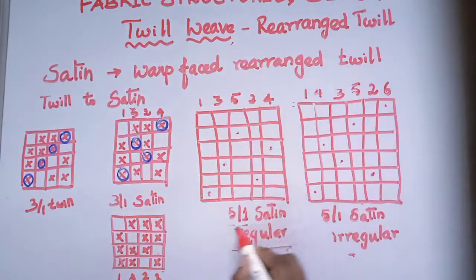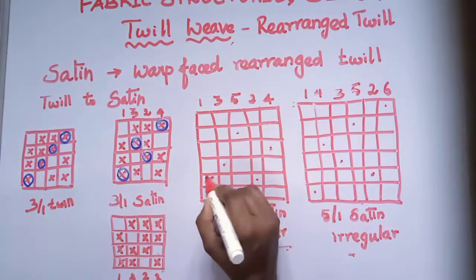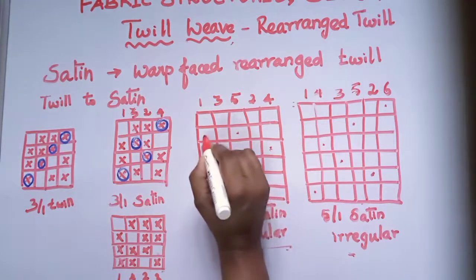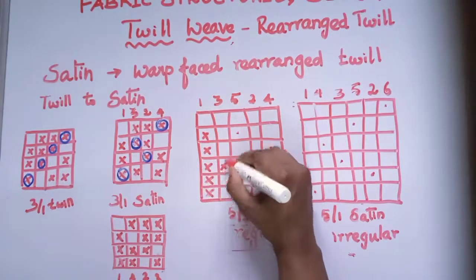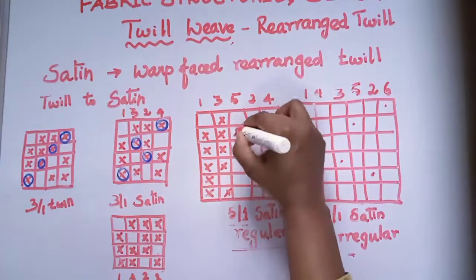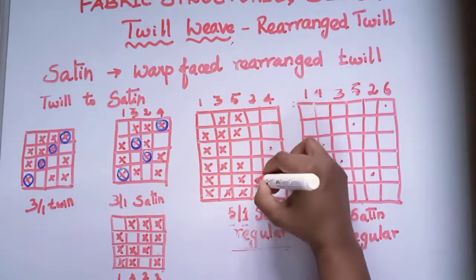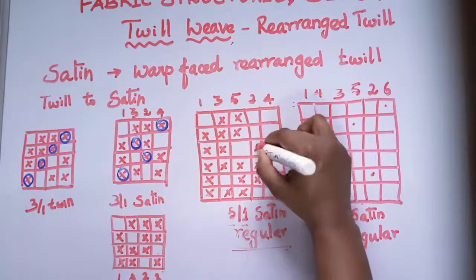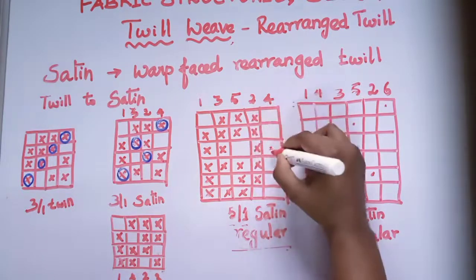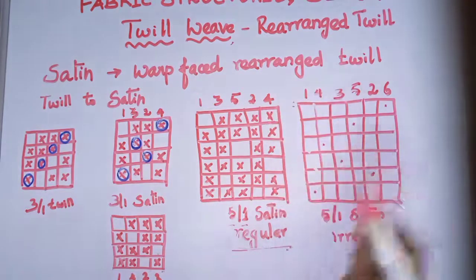Now we are going to construct 5 by 1 satin. In 5 by 1 satin there are 5 ups and 1 down. Based on the starting point we draw the weave. This is a 5 by 1 regular satin.